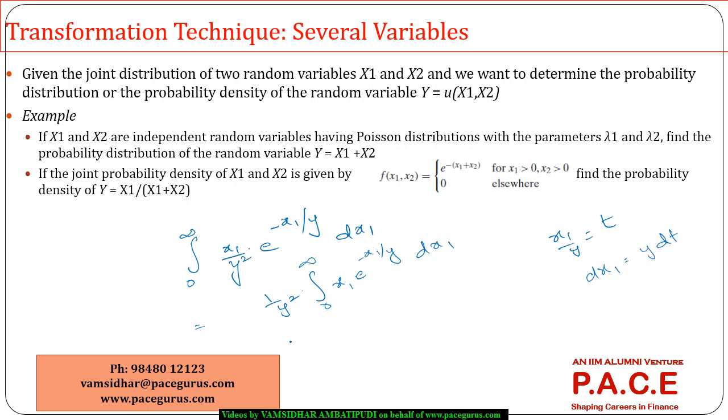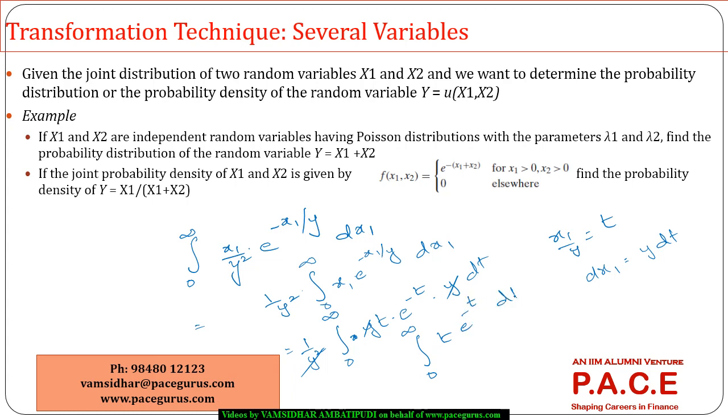So I will write it as 1 by y squared integral 0 to infinity. x1 is nothing but yt, e to the power of minus x1 by y is e to the power of minus t, dx1 is y dt. So y squared here is going off. So it is becoming integral 0 to infinity t e power minus t dt.